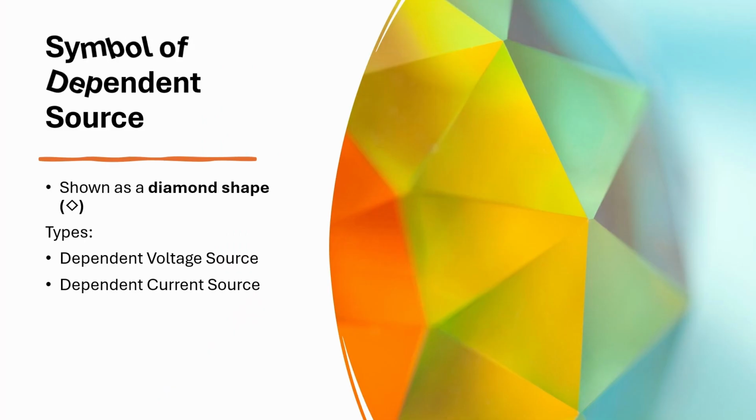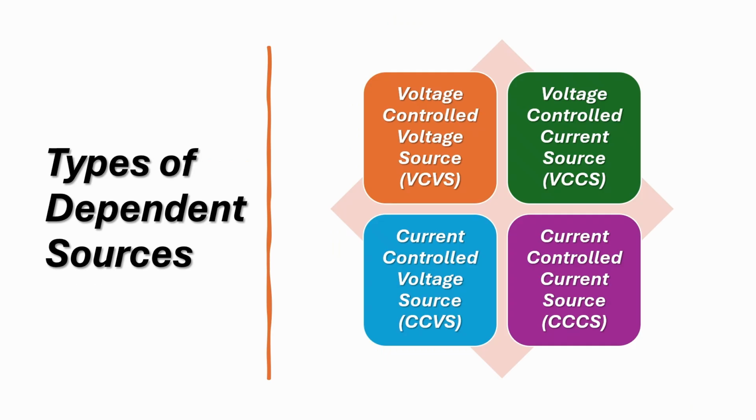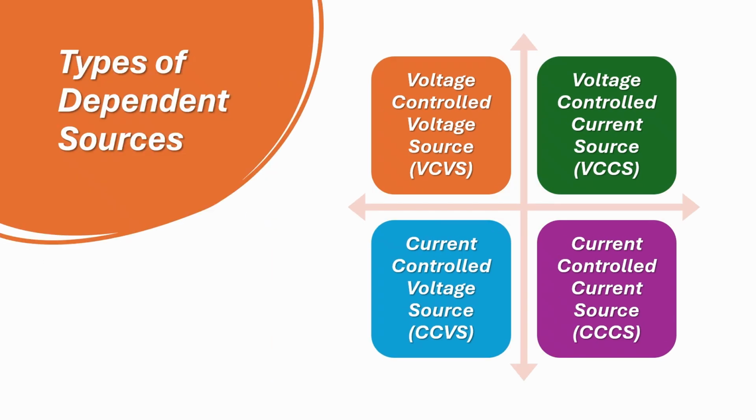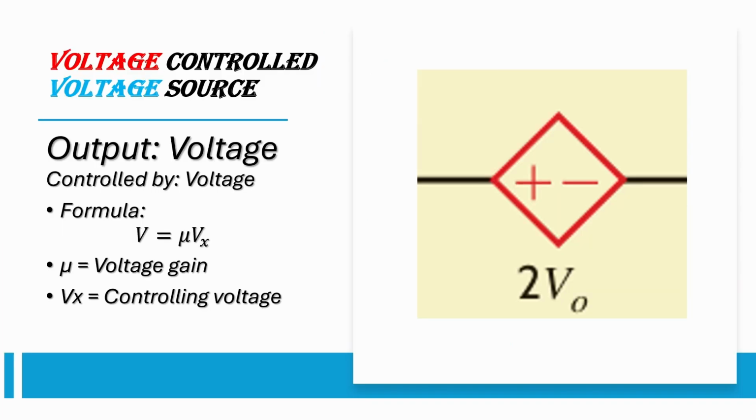These sources come in two primary categories: dependent voltage sources and dependent current sources. To get even more specific for our analysis, there are actually 4 distinct types based on what is doing the controlling and what the output is. First, we have the voltage-controlled voltage source, or VCVS. Here, the output is a voltage that is scaled based on another voltage in the circuit.